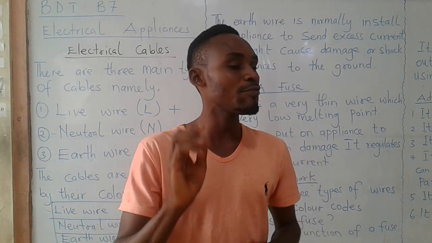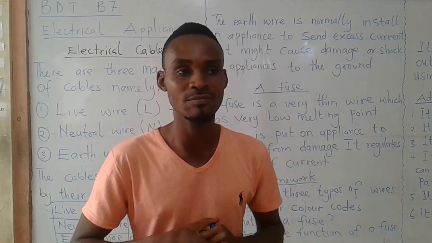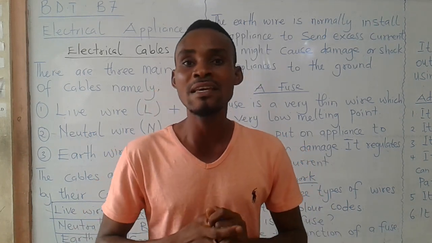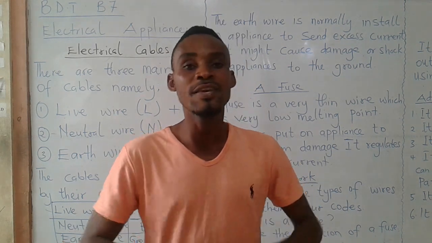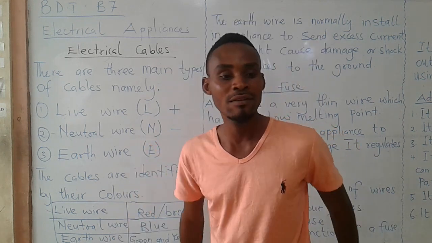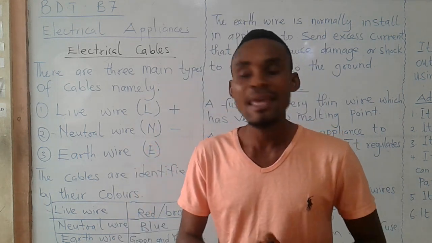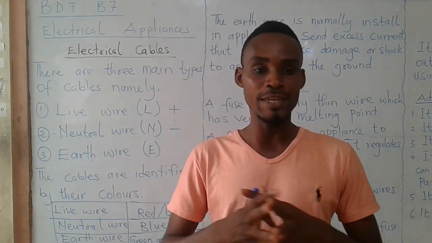Now, in electrical appliances, we have three types of wires that we normally use. These wires are as follows. We have the live wire, we have the neutral wire, and then we have the earth wire, as it has been boldly written on the board.